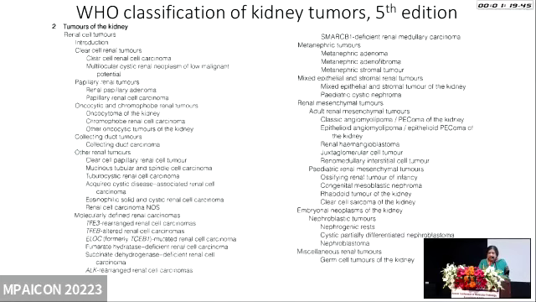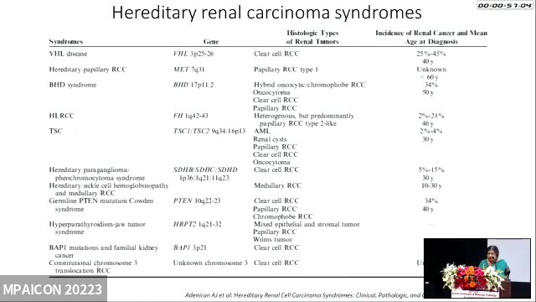Coming to kidney tumors, the first part is clear cell carcinoma, conventional clear cell carcinoma with multiple molecular abnormalities and as part of hereditary syndromes. But the newest, recently introduced classification has a separate category of molecularly defined renal carcinomas.